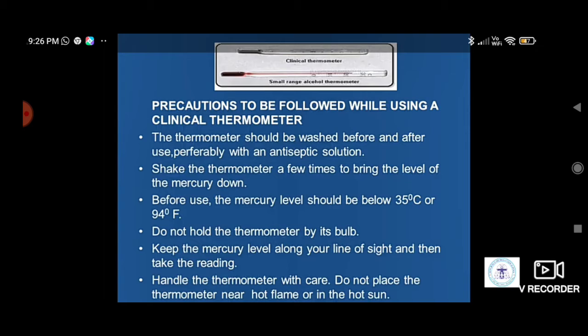Then shake the thermometer a few times to bring the level of the mercury down. Before use, the mercury level should be below 35 degrees Celsius or 94 degrees Fahrenheit.